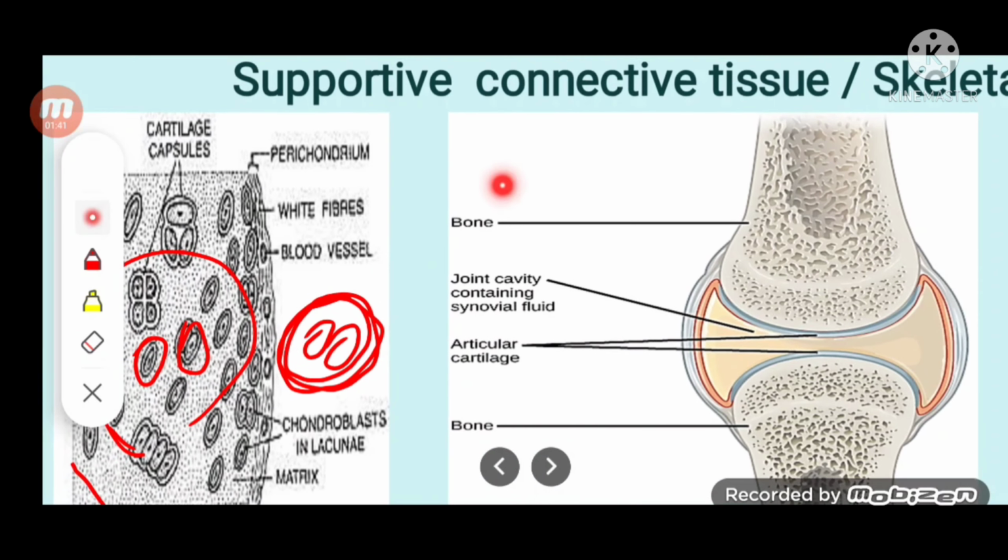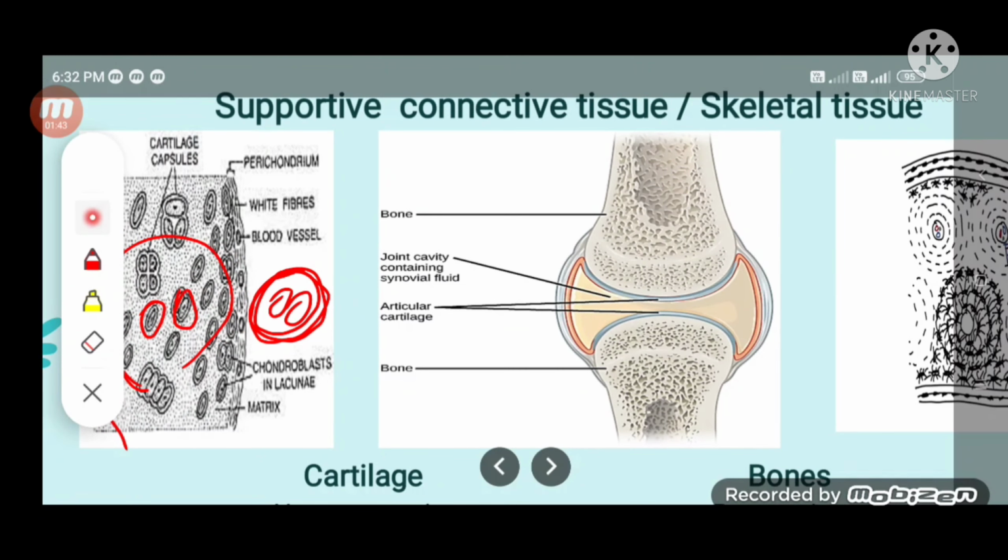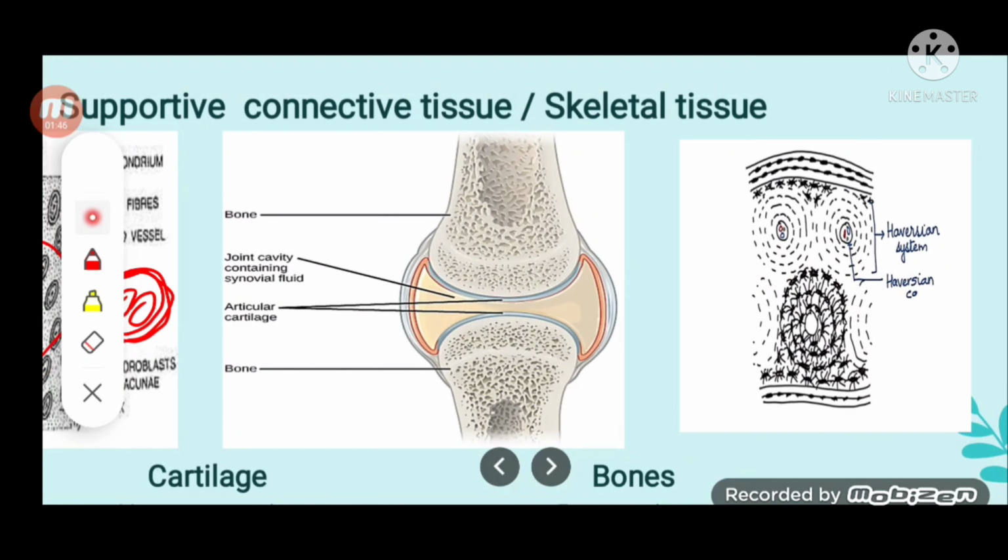Now let us have a look at the transverse section of bones. So in bones, you can see here the matrix will be present in concentric layers, one after the other. It's very easy to recognize the transverse section of a bone. Always remember the matrix will be present in concentric layers, and as I told you, it will be made up of many living cells and a lot of inorganic salts.